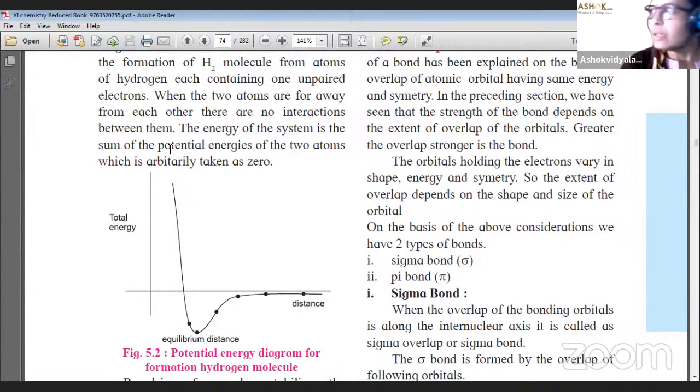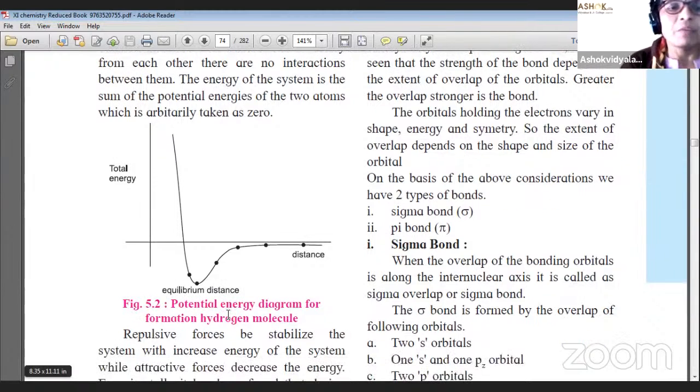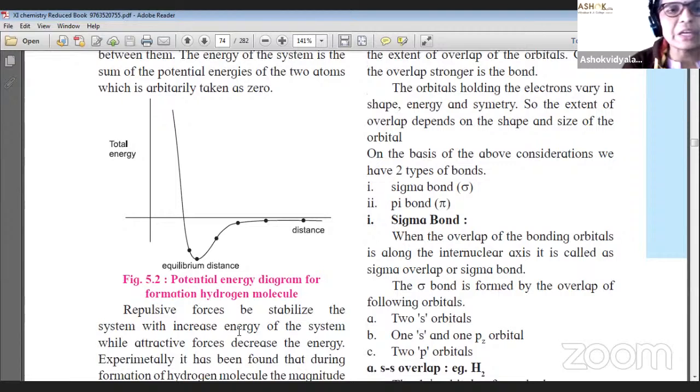But when those atoms come close to each other, there is a force of attraction due to the opposite spins, and overlapping between the atomic orbitals takes place, and a bond is formed. The repulsive forces increase the energy of the system, while the attractive forces decrease the energy of the system.